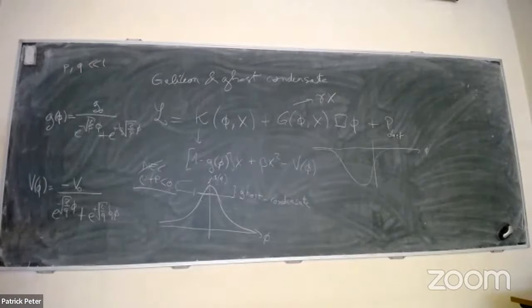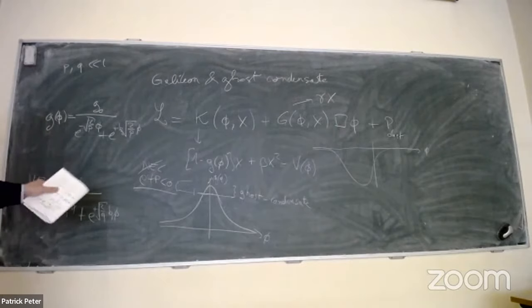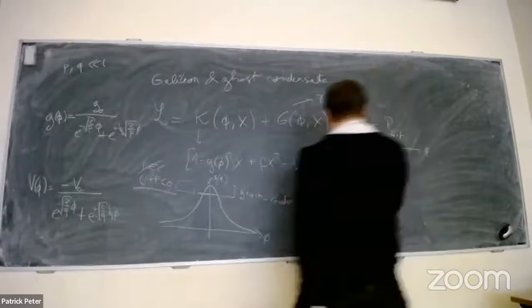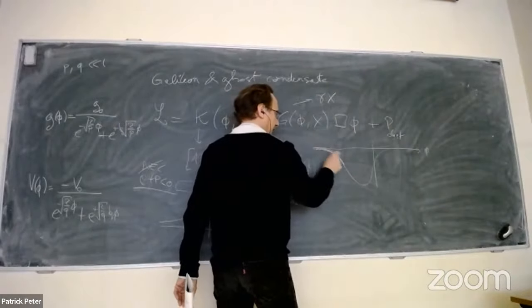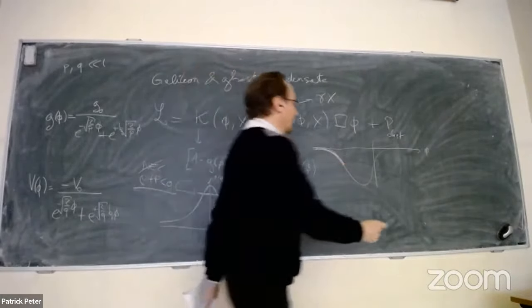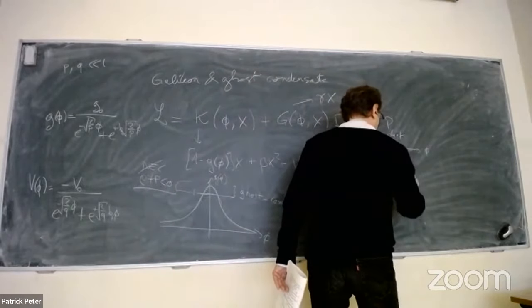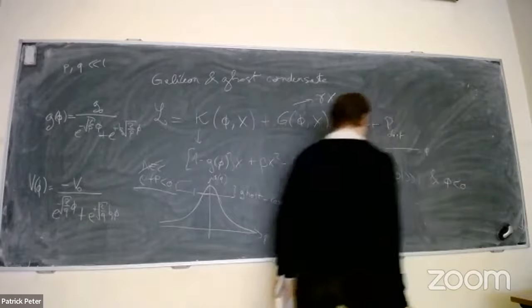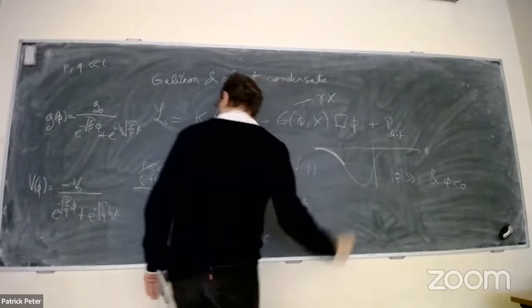Right. So now, if you pick up a solution, it's the situation where you're setting yourself in this regime, right? So I'm having phi large in amplitude, but phi negative. That is this regime.